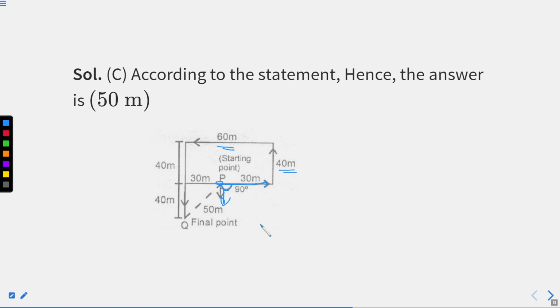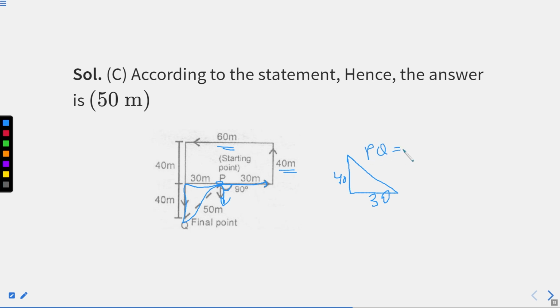In order to find the answer, you will redraw the triangle that is formed here. As soon as we redraw this triangle, we get two distances. The first distance is 30, the second distance is 40, and the hypotenuse is going to be the distance between the starting point and the finish point. For that you can use the Pythagoras theorem to find PQ.